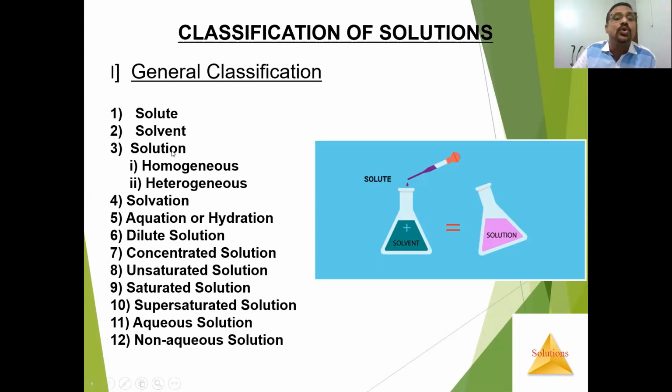Remember that during this whole chapter we are only dealing with true solutions, because there are different types of solutions like true solution, colloidal solution, saturated solution. All these definitions are there, but we are dealing only with true solution, not colloidal solution.